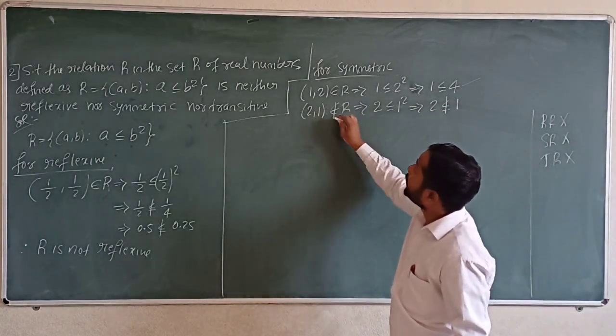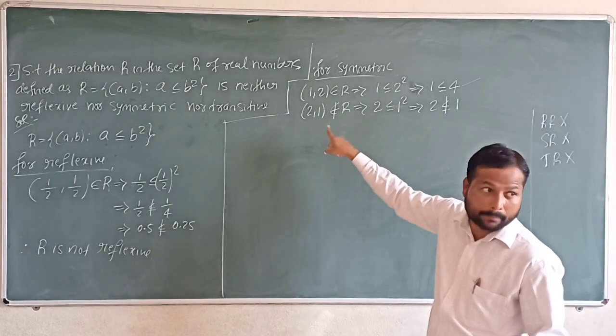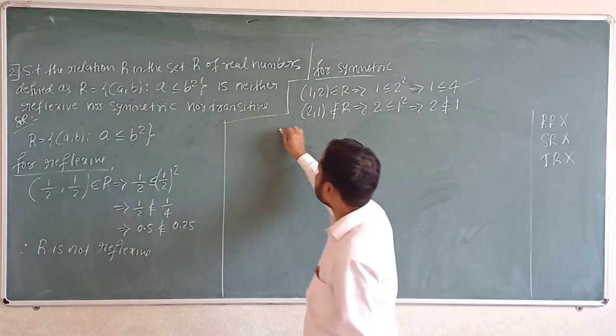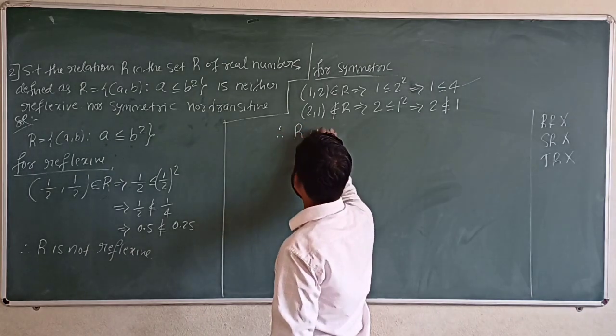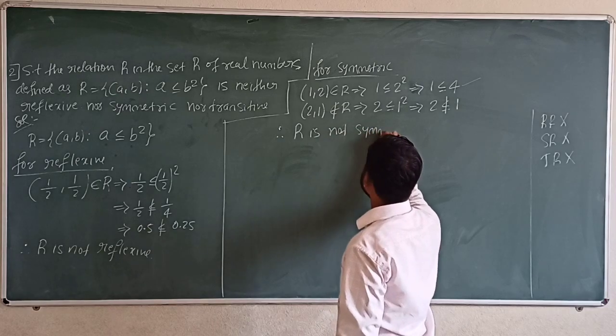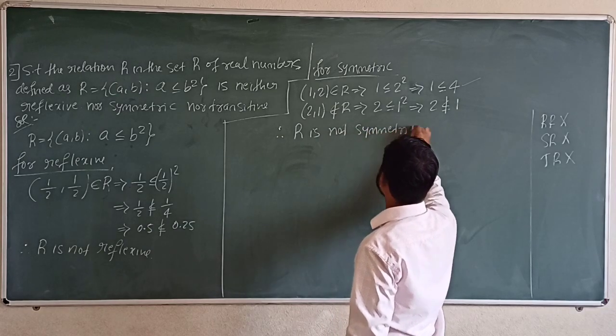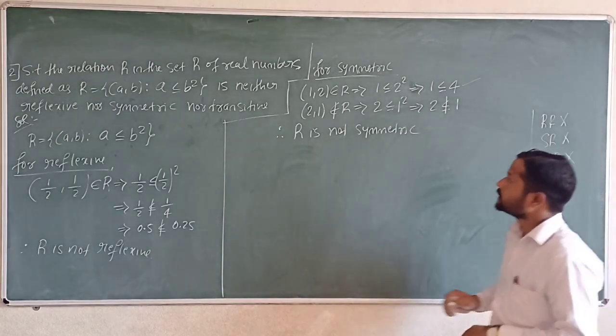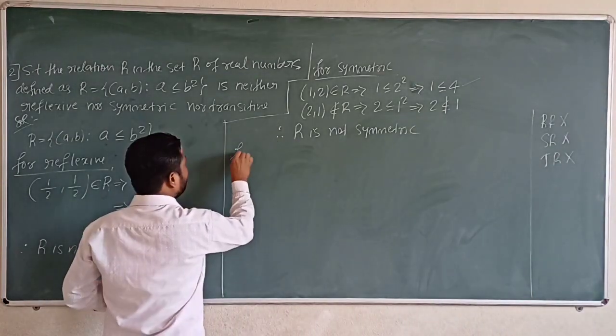Correct? So therefore (1,2) belongs to R, but (2,1) does not belong to R. So therefore R is not a symmetric relation. R is not a symmetric relation. Understand? Okay. Same as it is for transitive now.